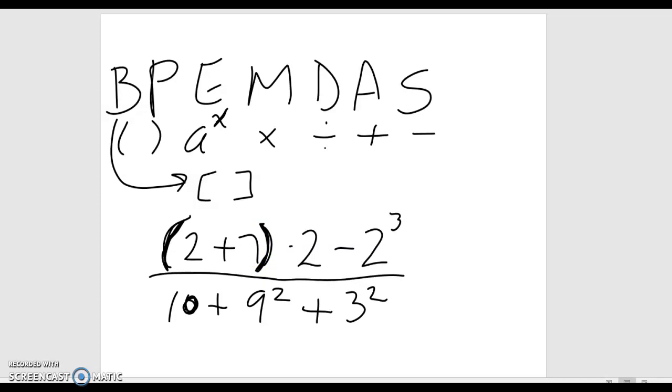I'll make the exponents red. That's that red 3 there, the red 2 here, and we'll make this 2 here red as well. So we have those as the exponents in our problem.